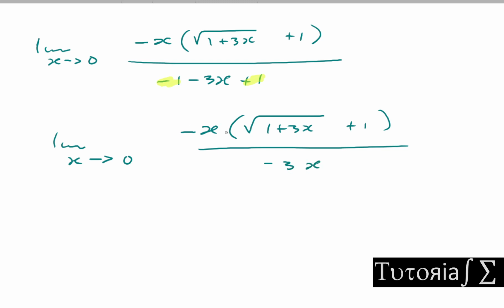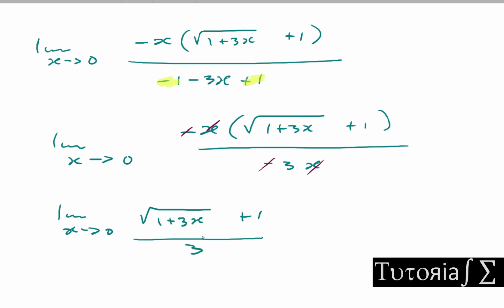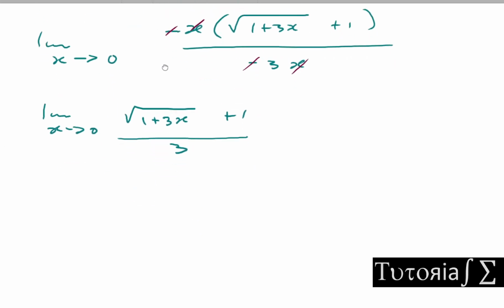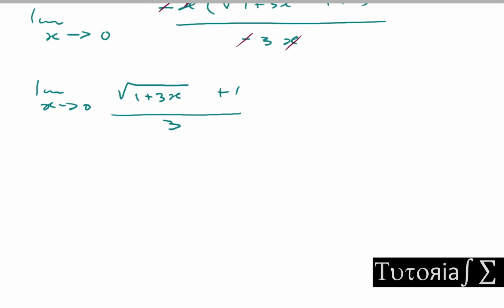And as you can see, since the x is factored out completely, we can cancel out the x here and here, in fact even the negative and the negative. Then what we remain with is the limit as x approaches 0 of the root of 1 plus 3x plus 1 divided by 3. Then now we can plug in our limit.